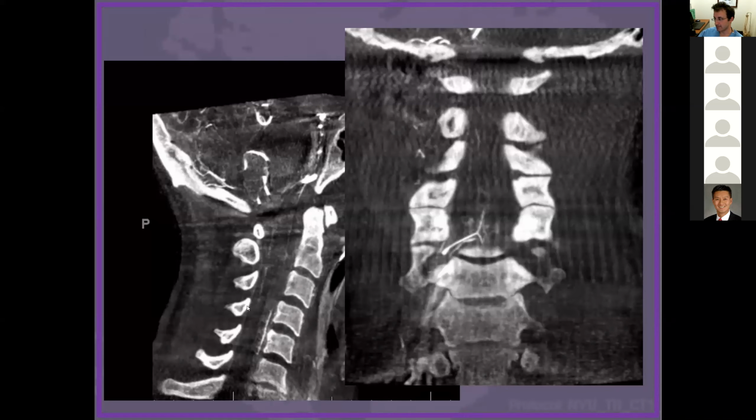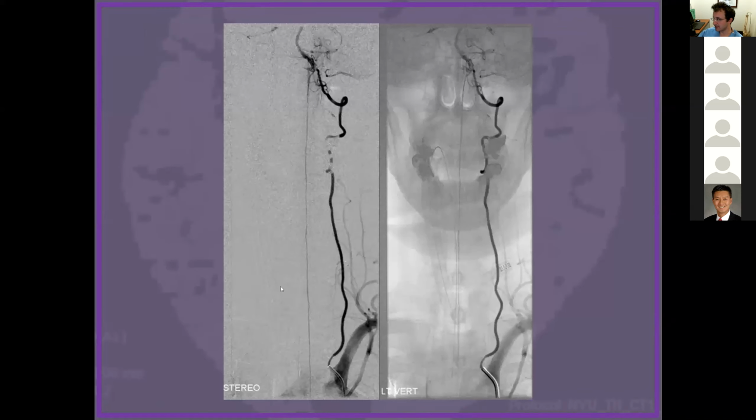I'm pretty sure they're not veins, but that sometimes is a question if you're doing a 20-second Dyna. But these are arteries. And the resolution of the Dynas is a whole other universe that we're going to touch upon in a second.